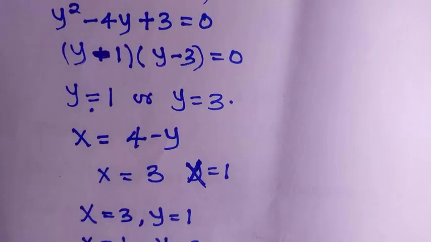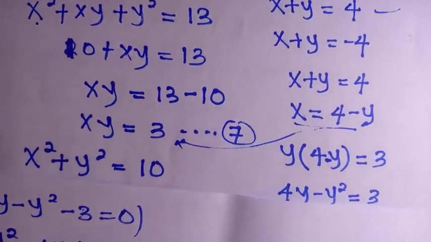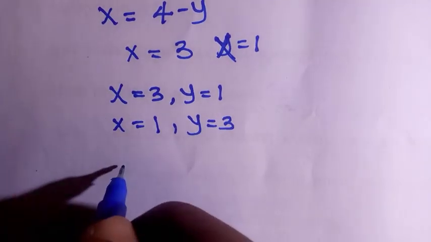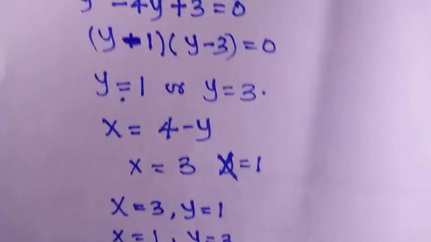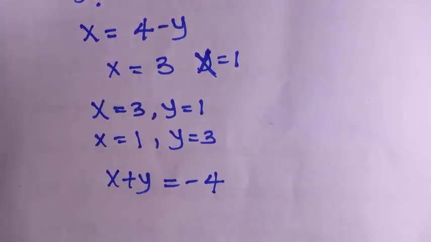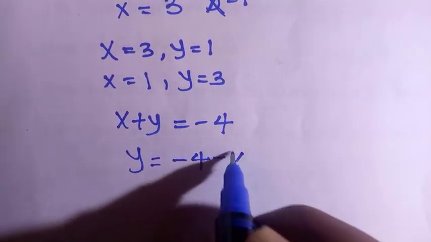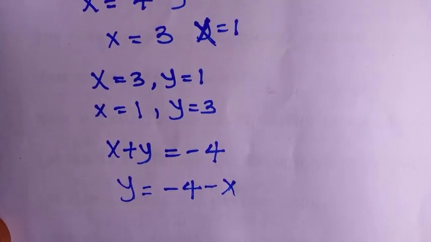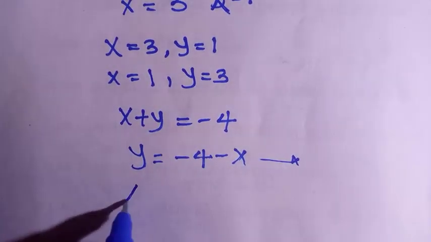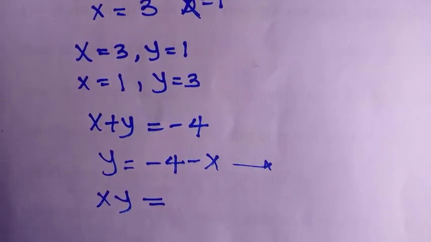But this is not the only solution, since the equation is quartic, so we only got two values for x and y so far. Let's see the other part, which is when x plus y equals negative 4. If I make y the subject, so I want to get x first, I put this in the equation xy equals 3.